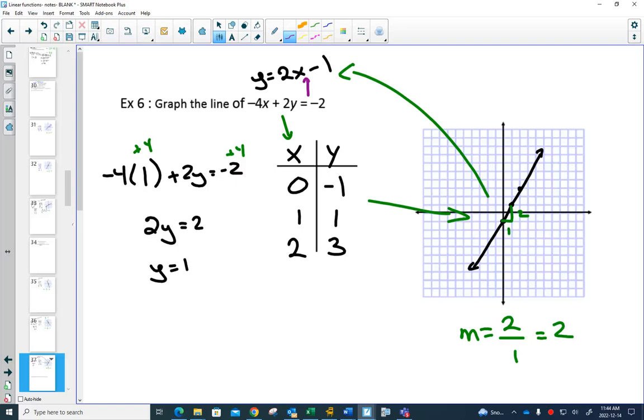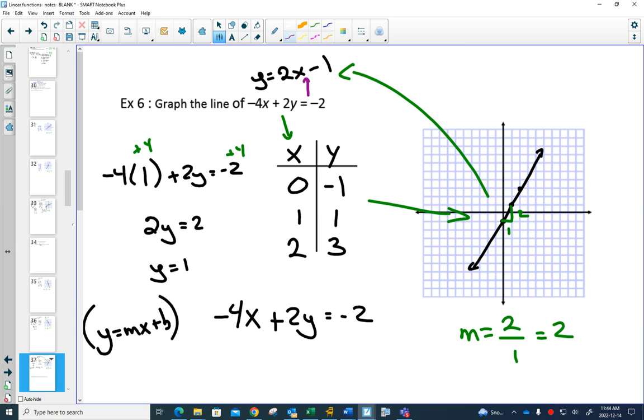So I'm starting with this. And I want to get, in my head, I'm thinking, I want it to look like this. Well, if I want it to look like y equals mx plus b, can you see that the y is all by itself? Yes? And right now, the y has the 4x on the same side.